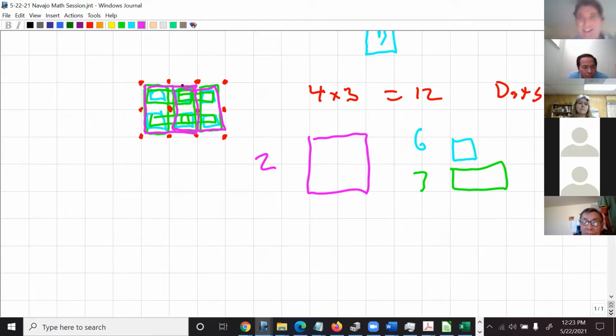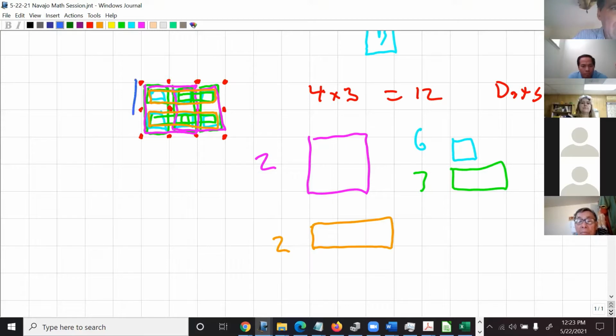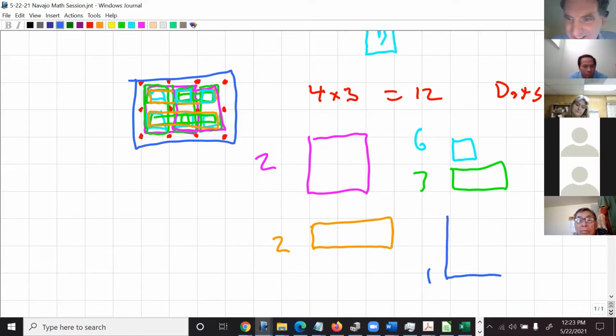And then, in fact, I could put one more thing in here just to make it more complicated. I can put 1 by 3s, and I get 2 1 by 3s. And even then, not done. We could add in one more thing, maybe like this. And 1 2 by 3.